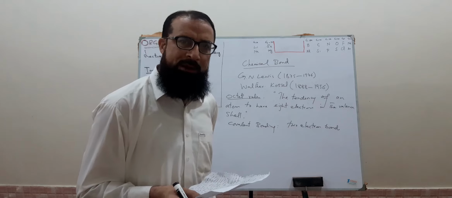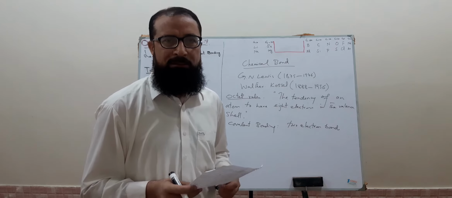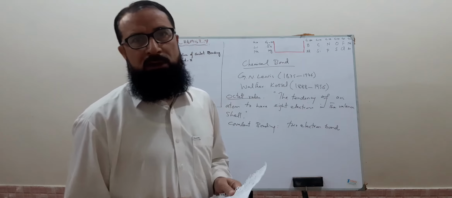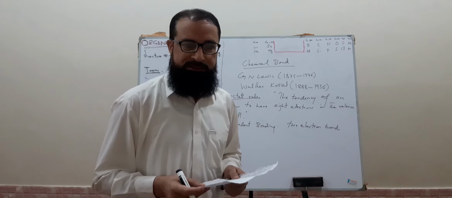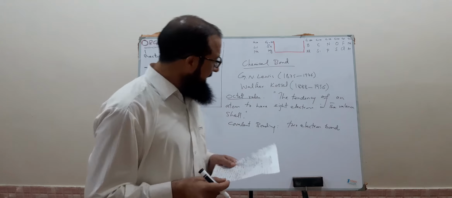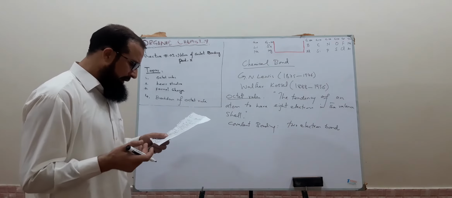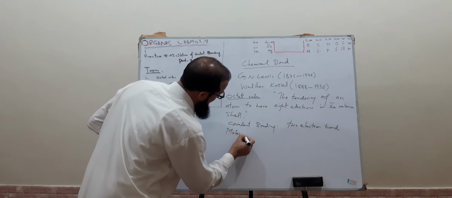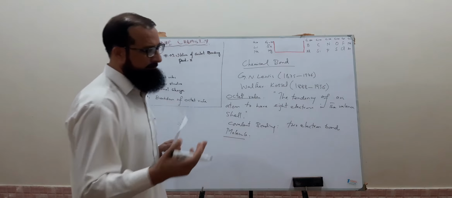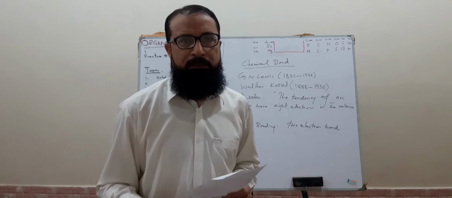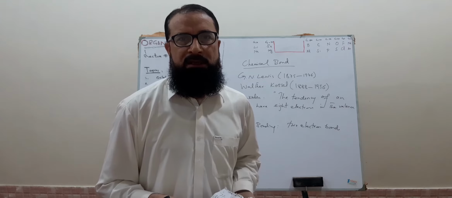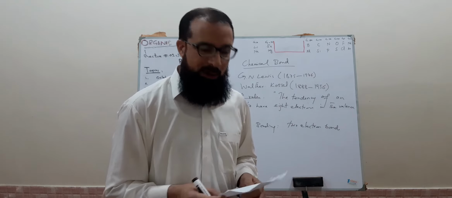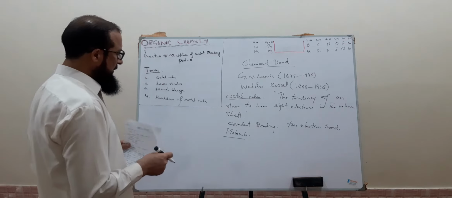So for one single covalent bond, we should have at least two electrons. Similarly, we can explain the molecule on the basis of this. There is also a difference between the molecule and the ionic compound. An ionic compound always has ionic bonding, while a molecule is a compound of covalent bonds.